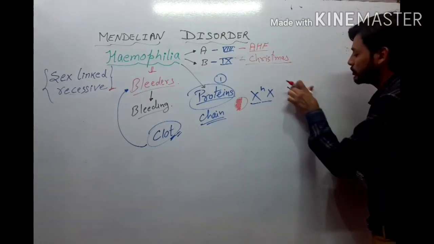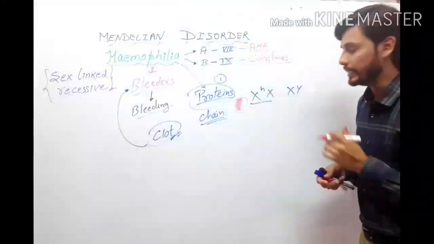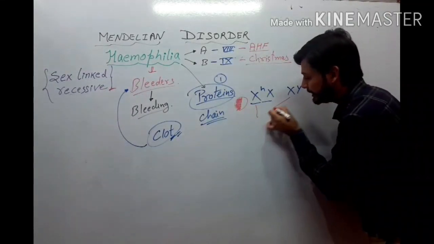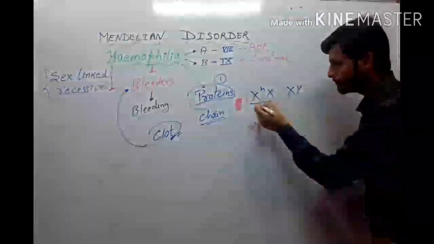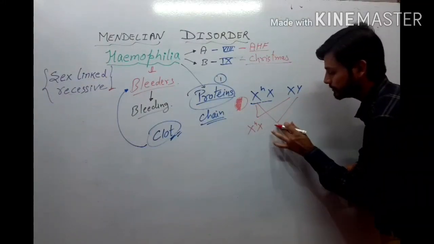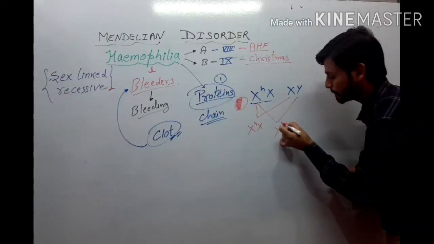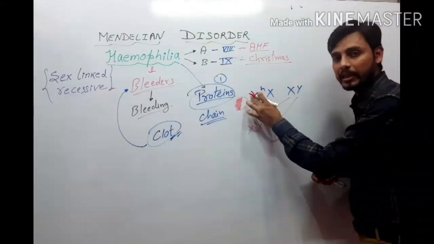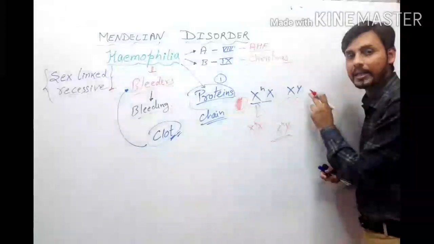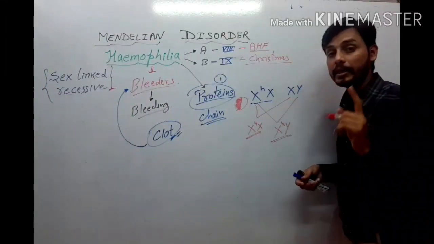Here we will take a normal male. So when they are mating, in this case, when the carrier female is mating with the normal male, it produces again a carrier female.